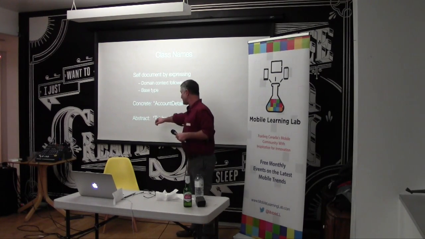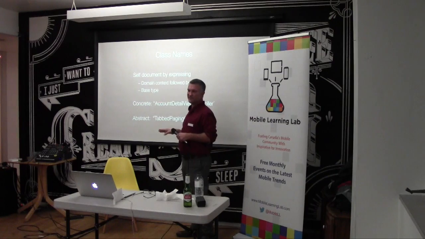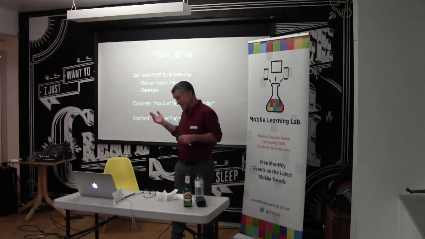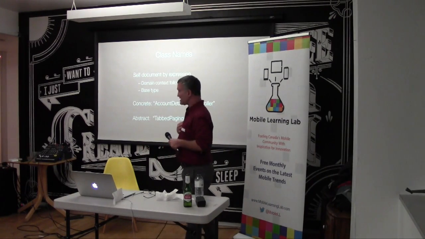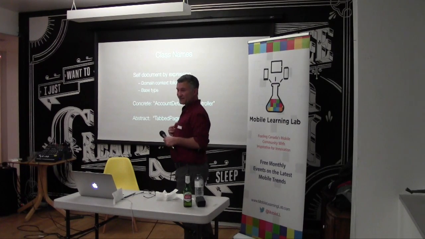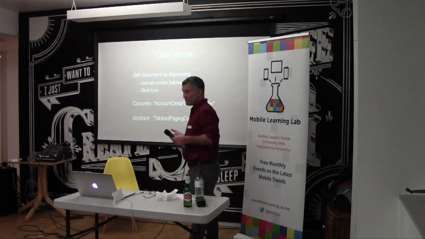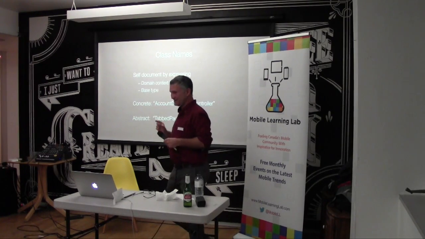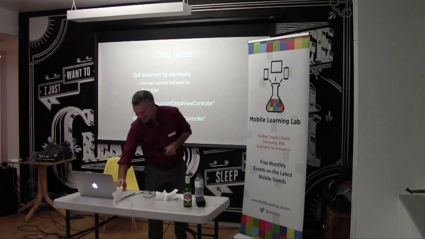Or you might drop the tab part. There's a few places where adding tabbed doesn't help once you've got the domain there. But it can't hurt. I'm all for verbosity. I've come a long way. I used to be a C programmer. I used to remove every vowel I could find. Although I never did go to single letter variables.